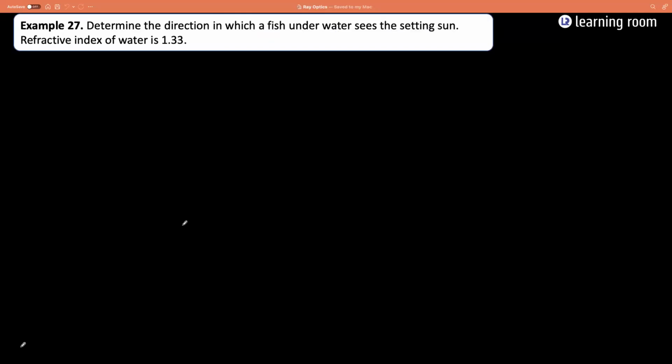Next. Determine the direction in which a fish underwater sees the sun setting. So there is a boundary. There is a fish here, and the fish is observing the sunset.